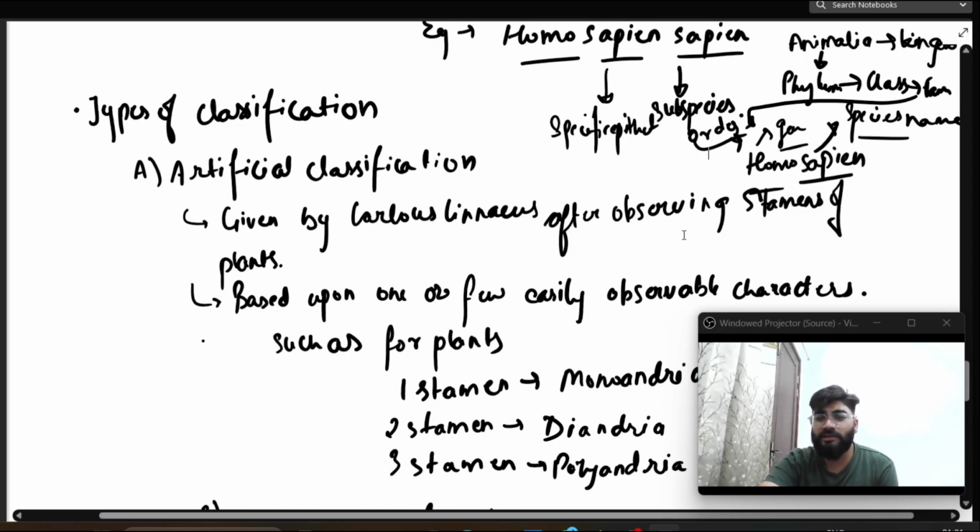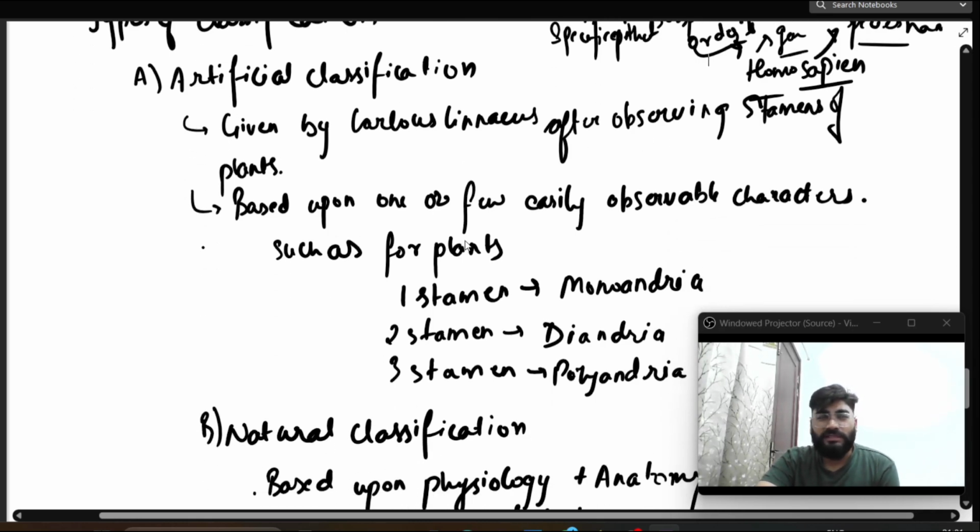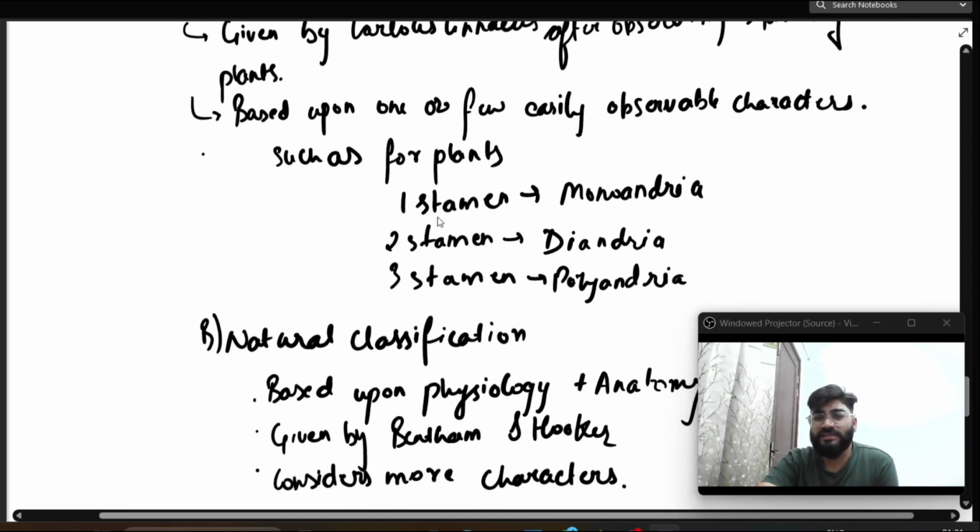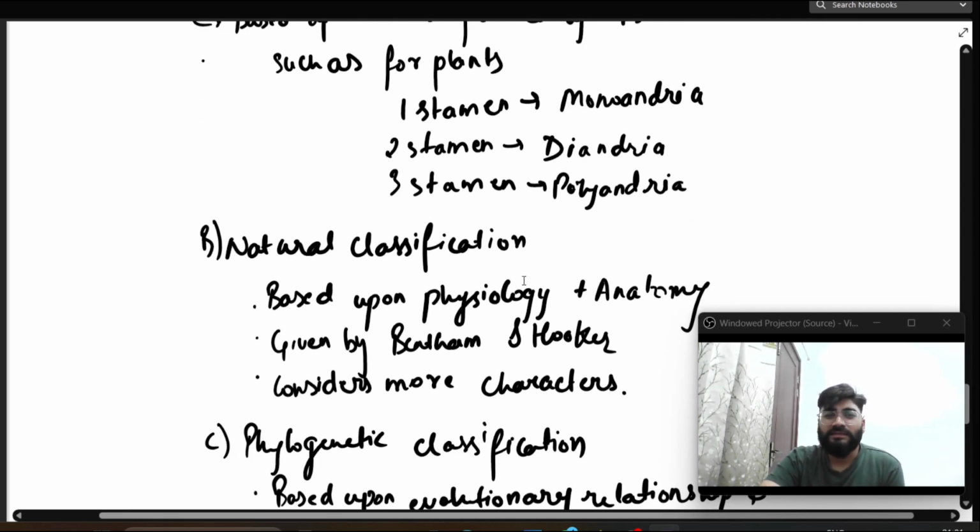Stamen is the male reproductive part of the plant, and the carpel is the female reproductive part. It was based upon a few easily observable characters, such as the number of stamens present. One stamen is monandria, two stamens is diandria, three stamens is polyandria.